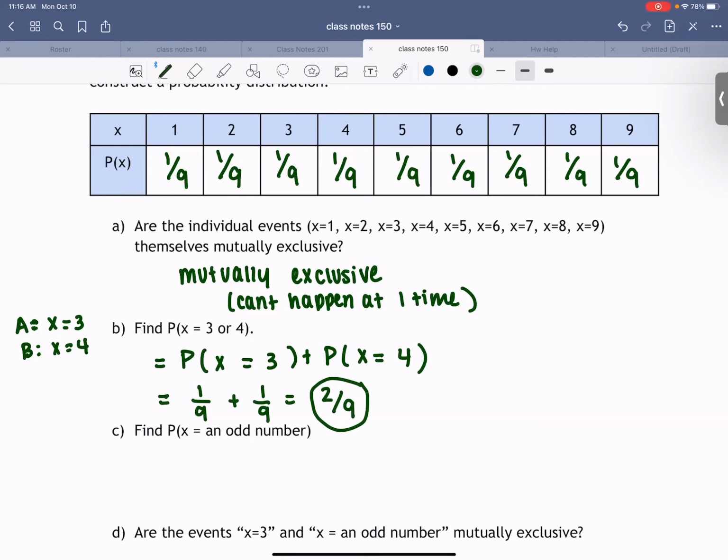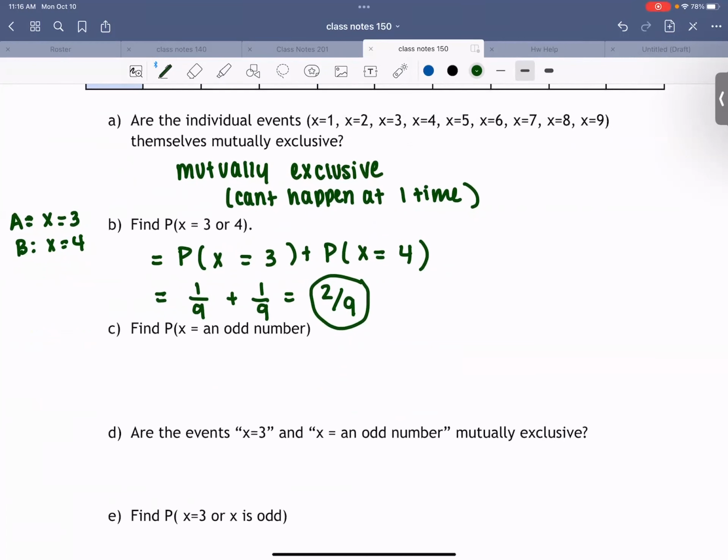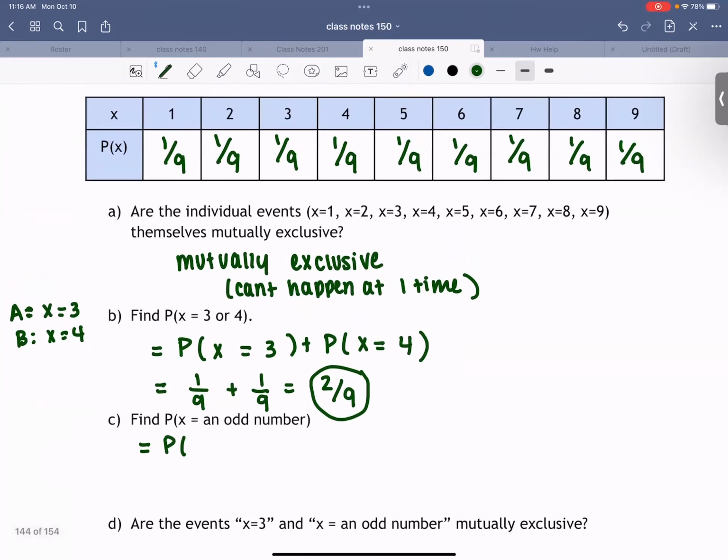Okay. Let's talk about part C. Part C is going to generalize this rule that we just used. Now, we want to find the probability that X is an odd number. And before I even go ahead and work with this, I think I can make this a little bit simpler than saying odd. Taking a look up here, the odd numbers are 1, 3, 5, 7, and 9, right?